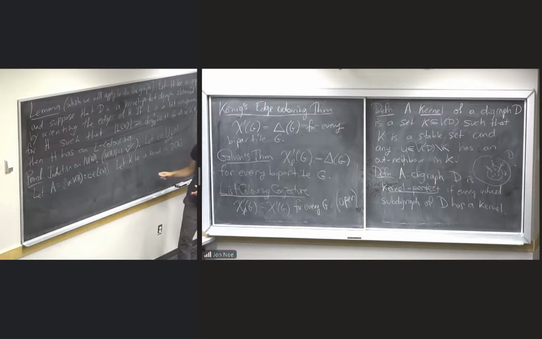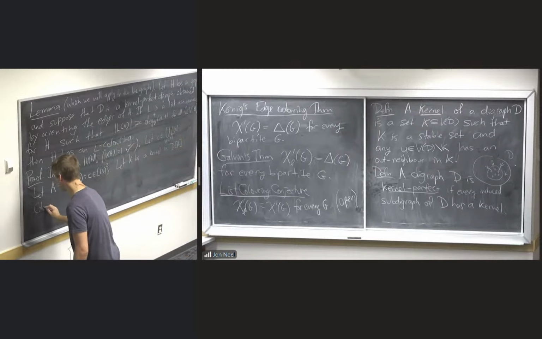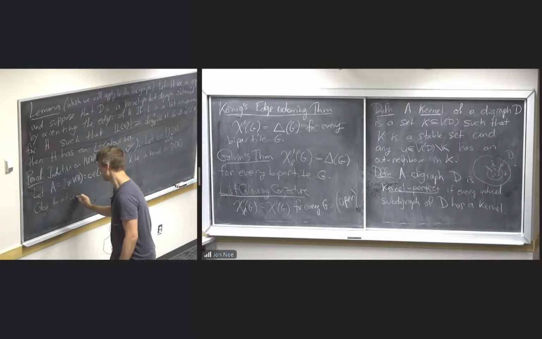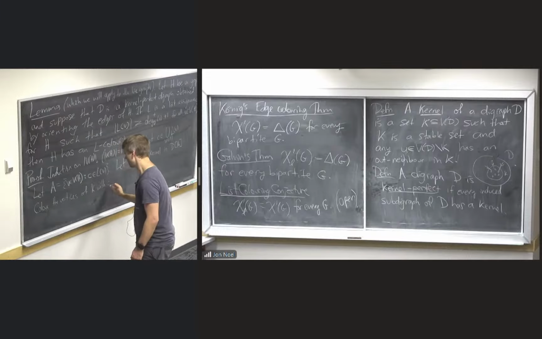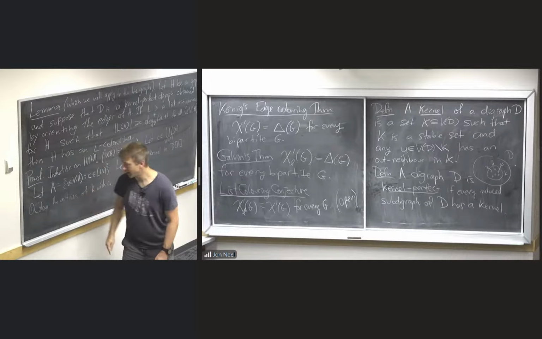And since it's in this set A, all the vertices of K are allowed to get this color C because K is a subset of A. So what I'm going to do is color the vertices of K with C. This is a sort of procedure.